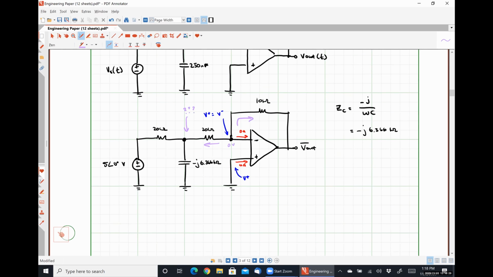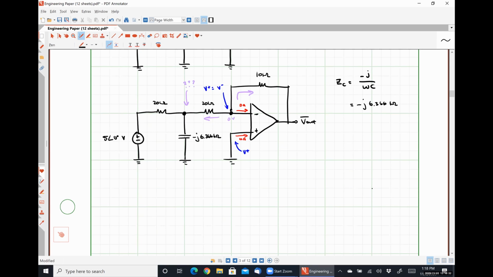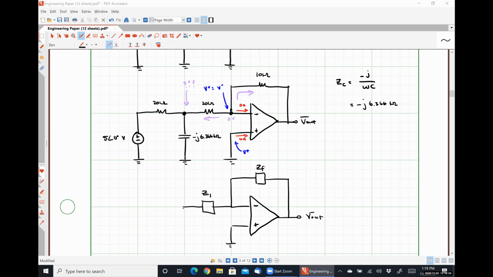So let me draw what I would argue would be an ideal case. If we had an op-amp circuit like this, we can analyze it all day long.